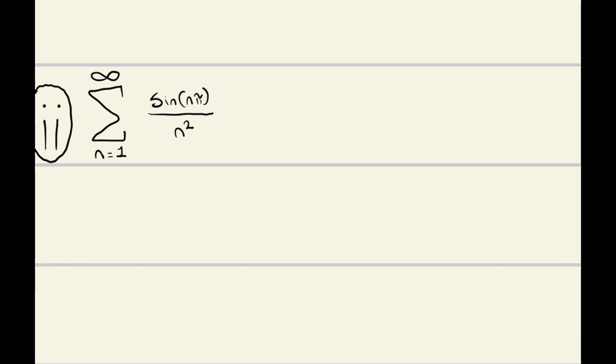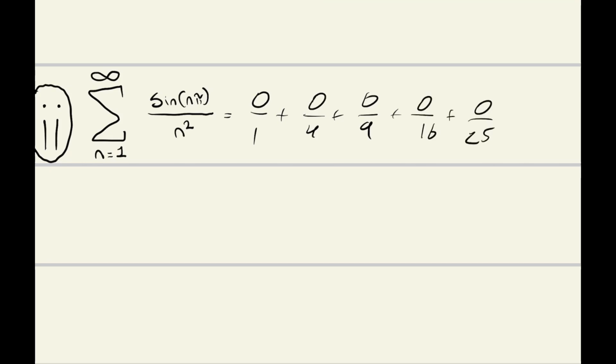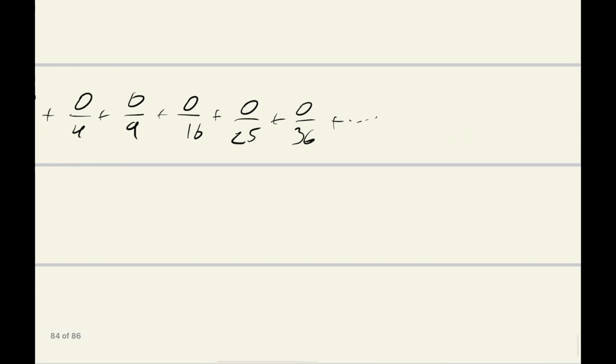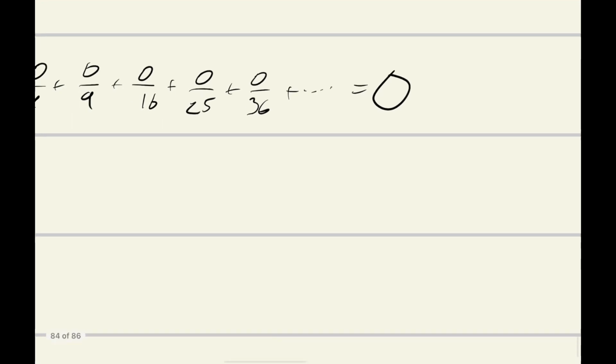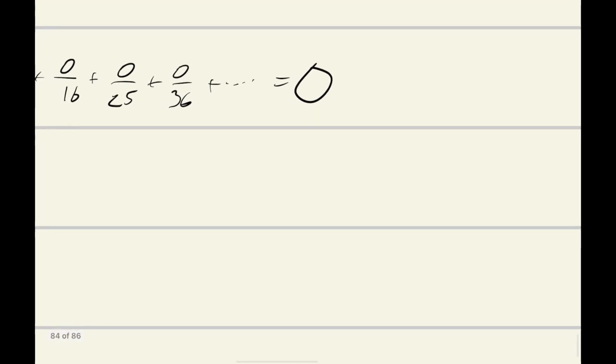When n is equal to 1, we would get 0 over 1. When it's 2, we'd get 0 over 4. And then we'd keep getting 0, 0, 0, 0, and so on. So we can say this would eventually equal 0, which means it would converge.